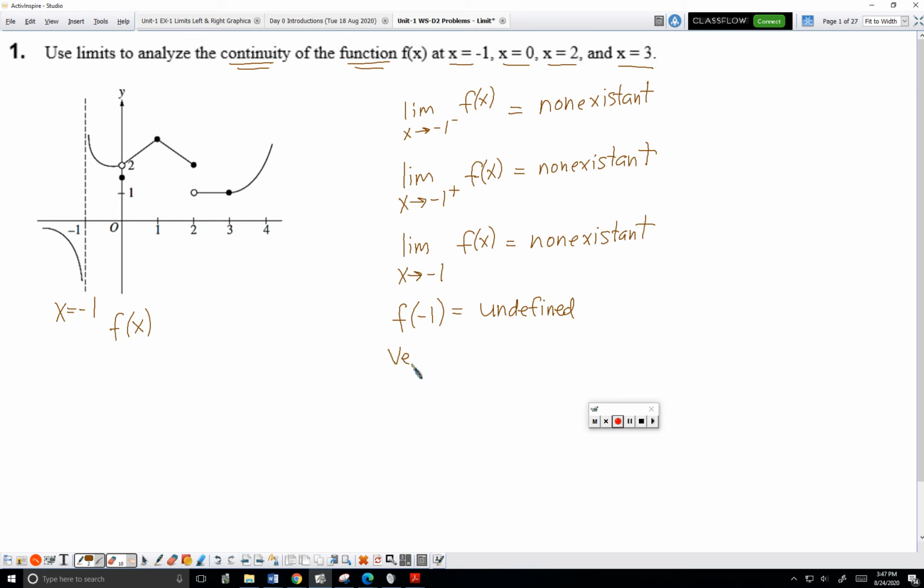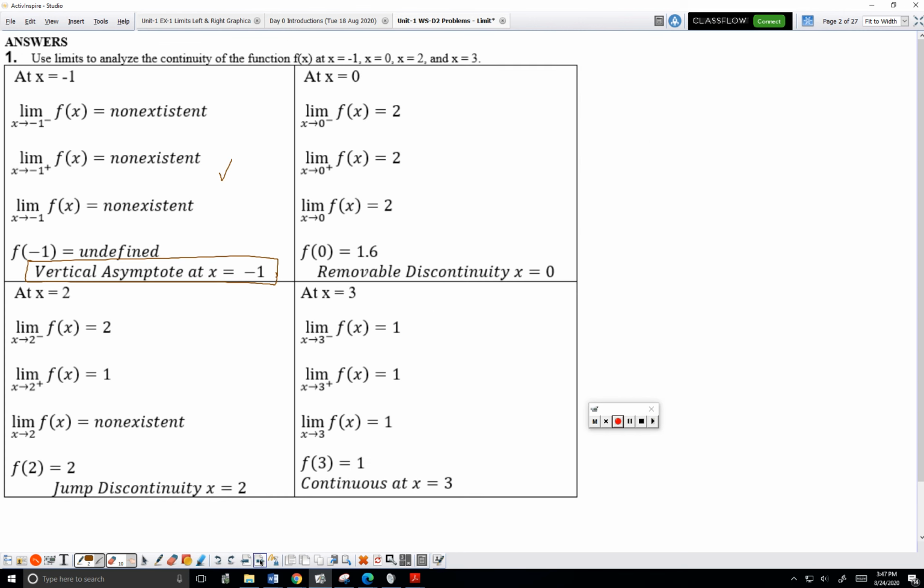So we have vertical asymptote at x equal -1. Don't ever use the answers to help you solve the problem. Use the answers to simply verify that you have correctly solved the problem.